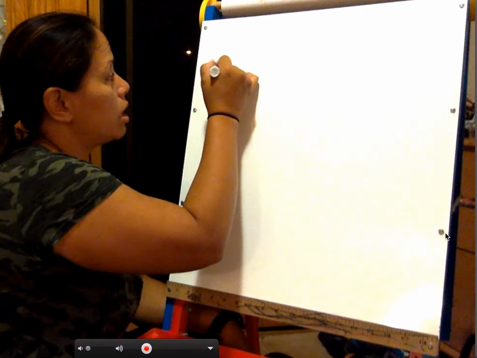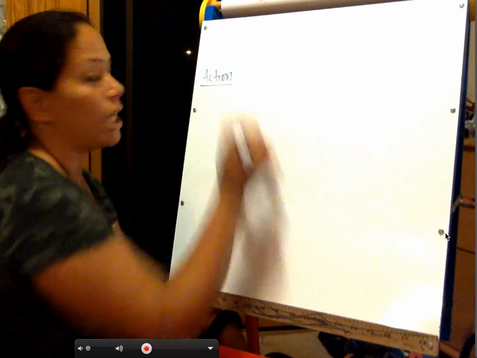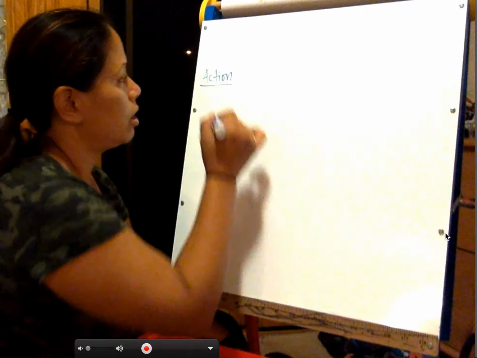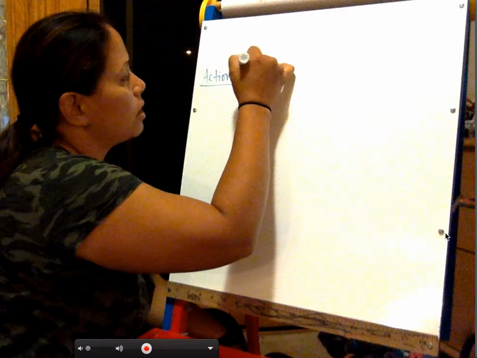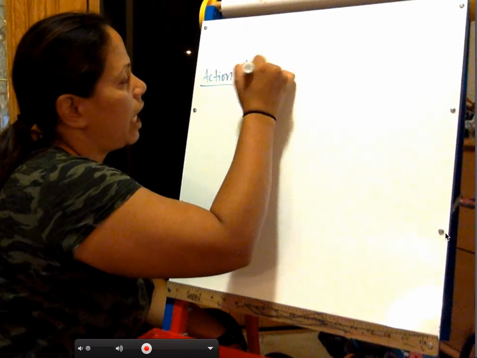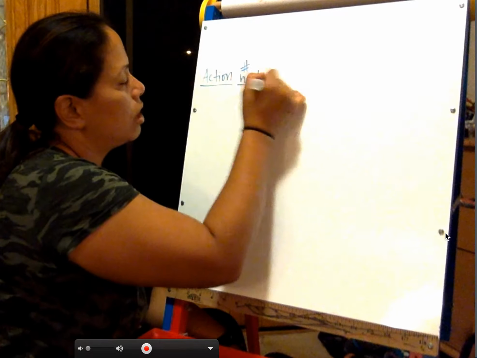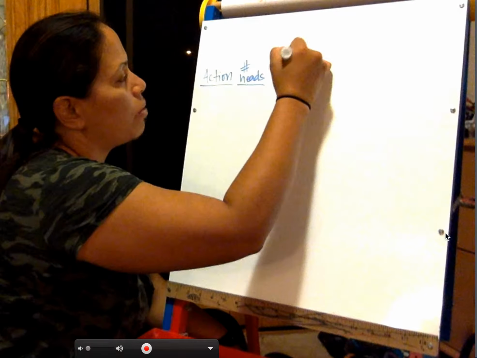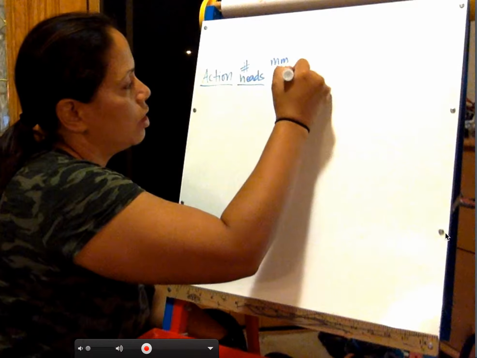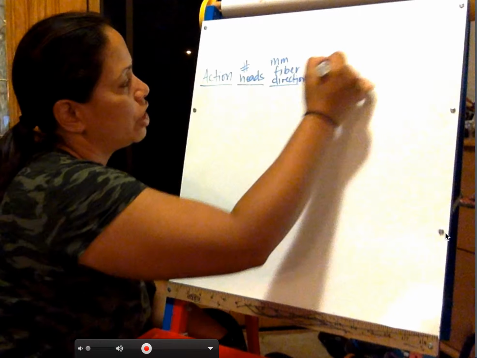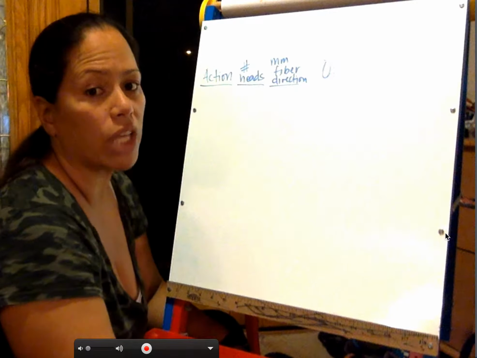So there's a little table that I do. Action, right? Hopefully you guys can see that. Action. Then we have number of heads. We have muscle fiber direction. We have origin, which is just a location.